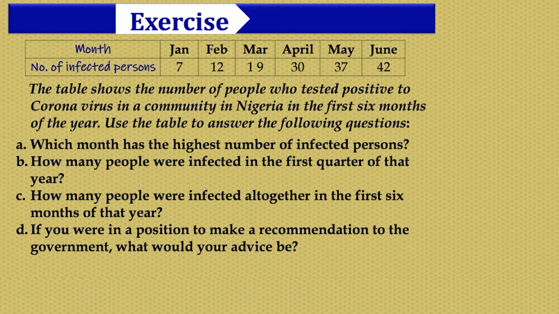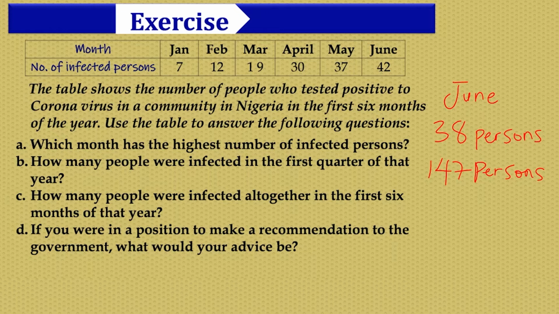I'm sure you are done. The correct answer to question A is June. And the correct answer to question B is 38 persons. The correct answer to question C is 147 persons.